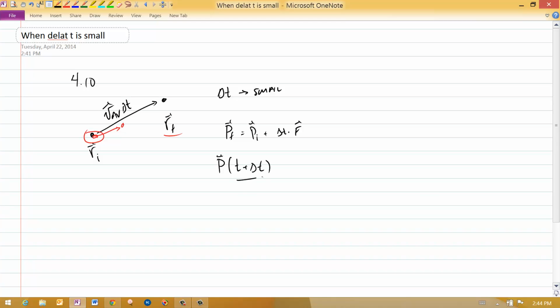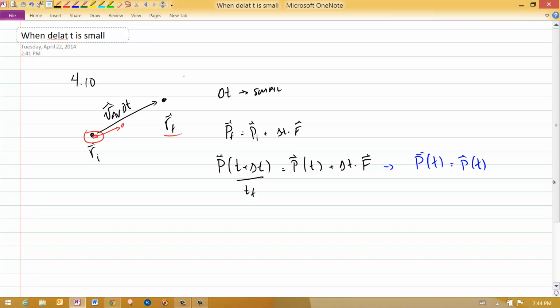That's equal to whatever value the momentum has at the initial time, t, plus delta t times the force. Now, if I just take this expression and let delta t go to 0, this just says that p at the time t is equal to p at the time t.